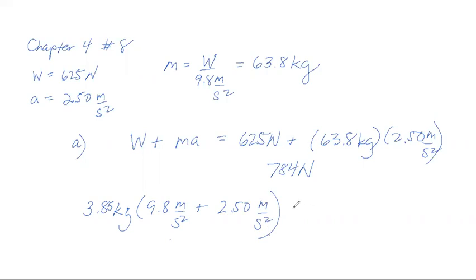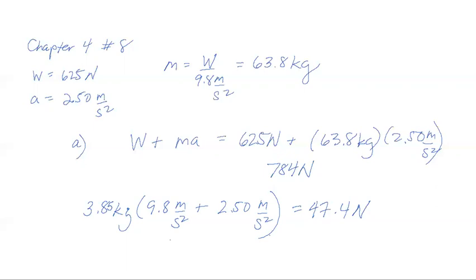And that's going to give me 47.4 newtons. I know it seems weird that you weigh more when the elevator goes up, but you press down on the floor harder, even though the acceleration due to gravity is going down, because the acceleration of the elevator is going up.